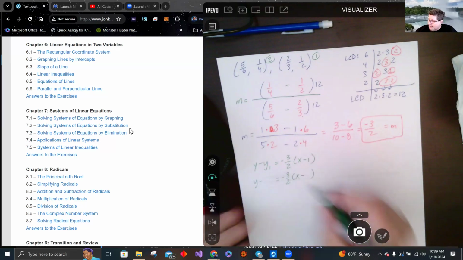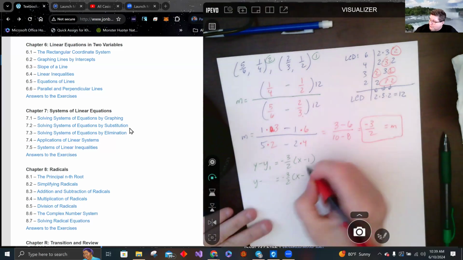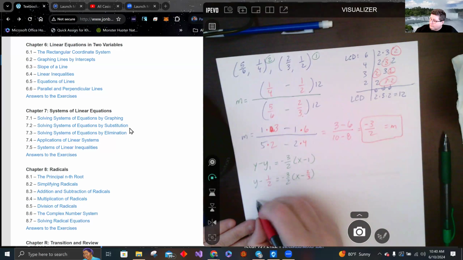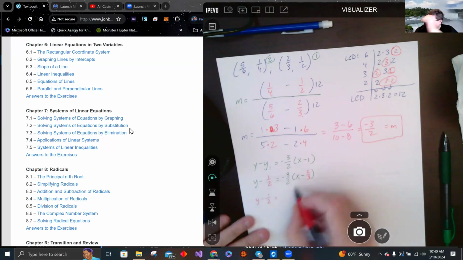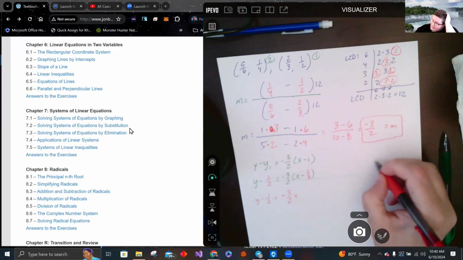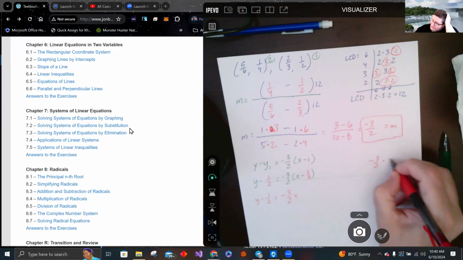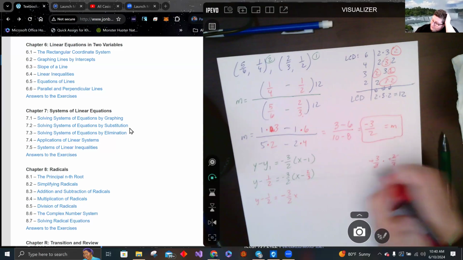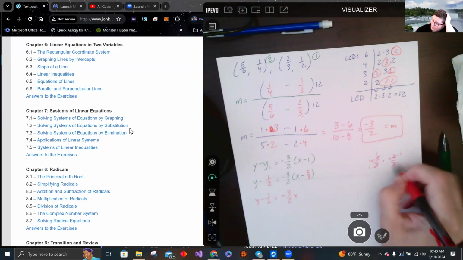And I will replace my x's and y. x is 2/3. y is 1/2. If I distribute, this is negative 3 halves x. And then negative 3 halves times negative 2/3. The negatives make a positive. The 2's make a 1. The 3's make a 1. That's just 1.